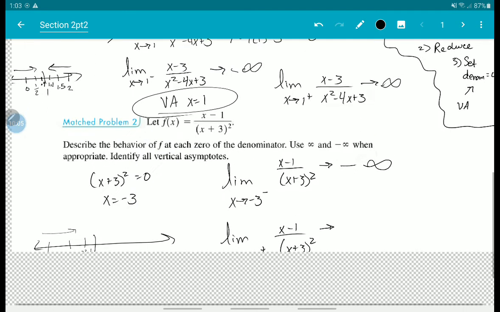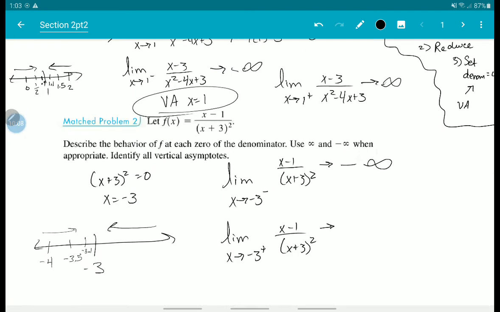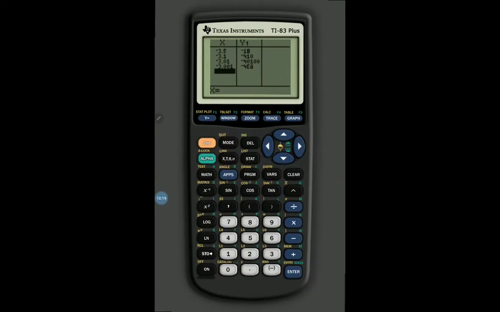And we would say the same thing from the right-hand side. If I'm coming in from the right, here's negative 2. So I'm like negative 2.5, negative 2.9, negative 2.99, and so on.